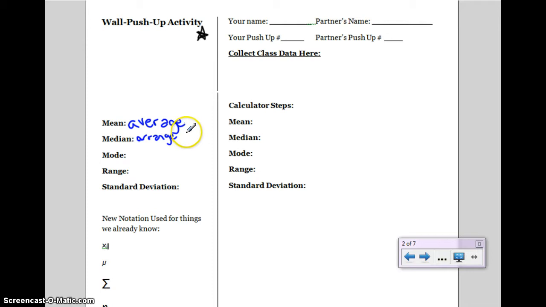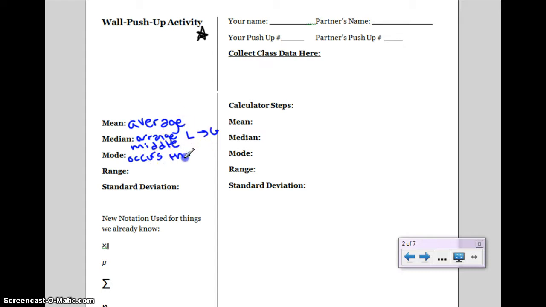So arrange from least to greatest. We want to pick the middle value. That's what our median is. The mode is the one that occurs the most, whatever number you have in your data set that occurs the most.